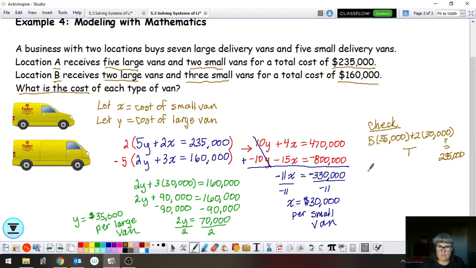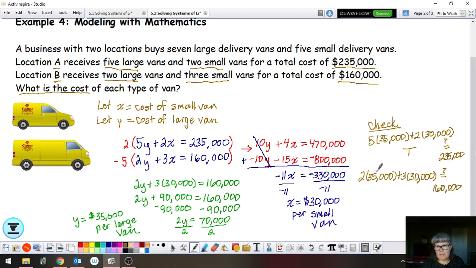We also need to check, does 2 times 35,000 plus 3 times 30,000 equal 160,000?